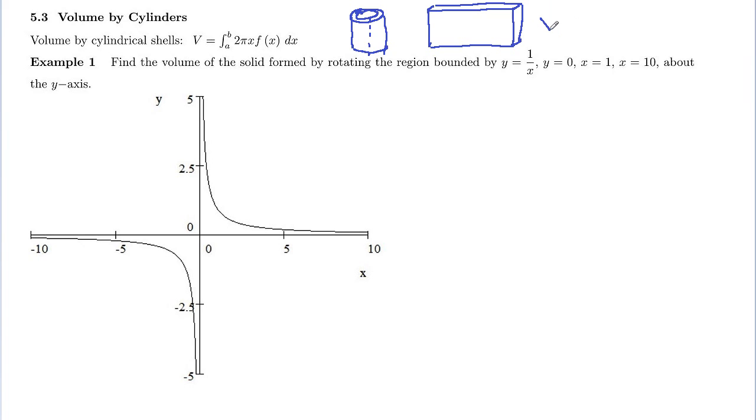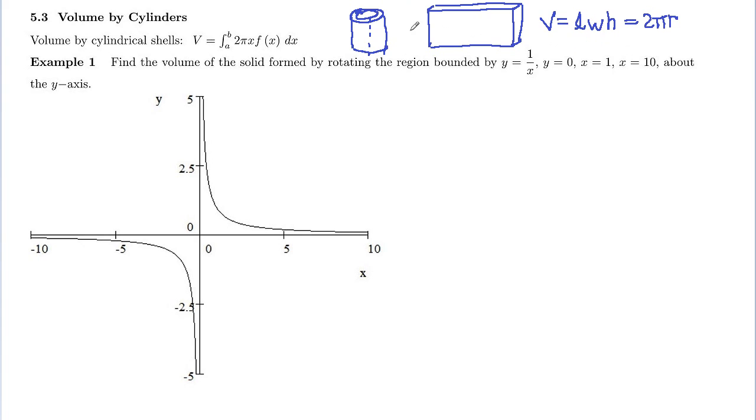And the volume of that is going to be length times width times height. So our length right here, well, that came around the circumference of that circle on the top of the cylindrical shell. So that length L is going to be 2 pi r, where r is the radius of the cylinder.